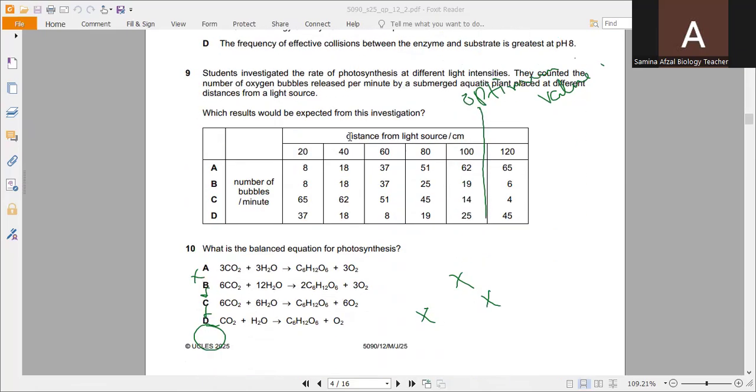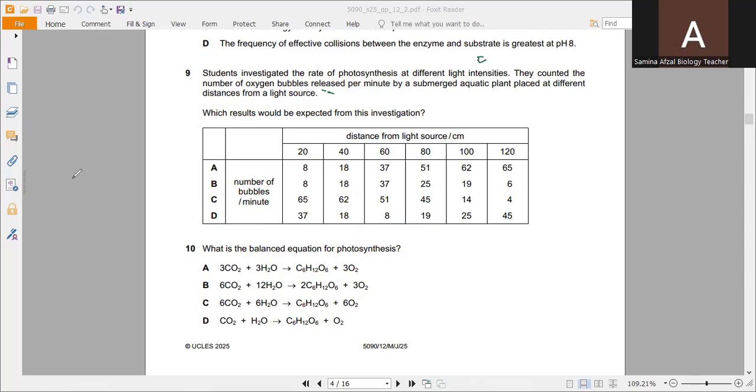Now moving towards the next question. The students investigated the rate of photosynthesis at different light intensities.